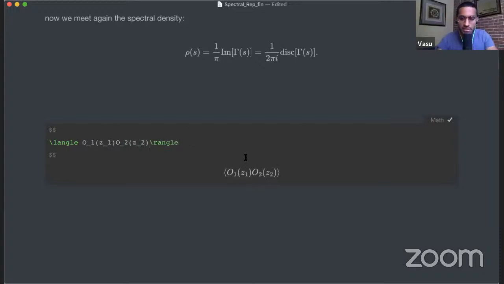If these are primaries, then you know that this is going to be the following object.